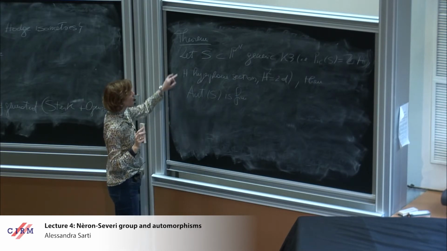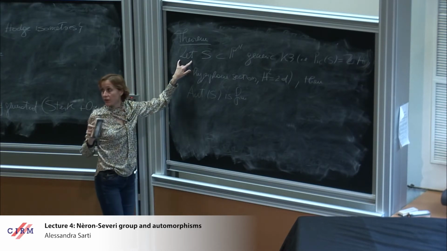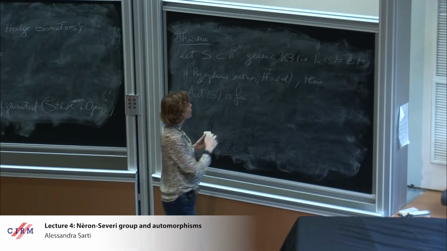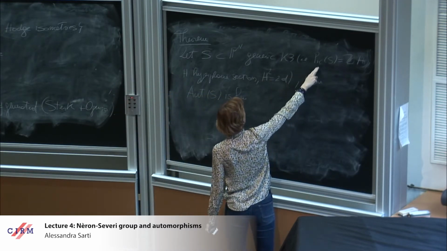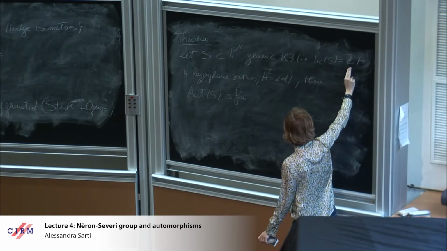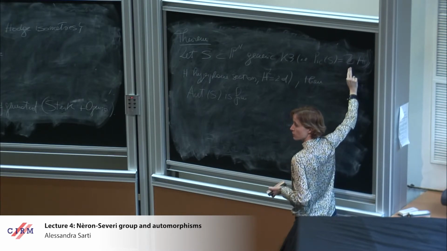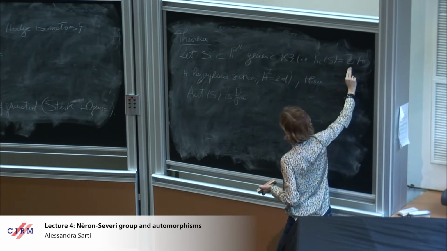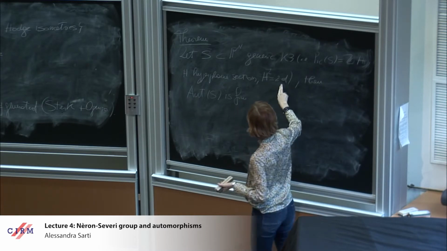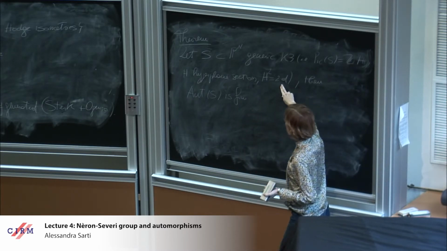Theorem: let S in P^n be a generic K3, and assume that the Picard group of S is generated just by the hyperplane section, ZH, such that H is the hyperplane section and H squared is 2D. Then Aut S is trivial.